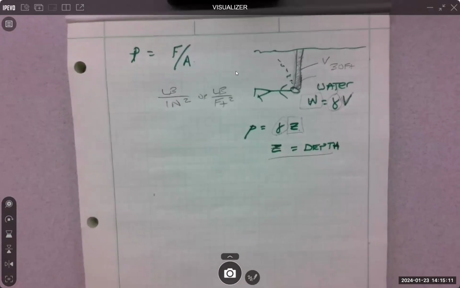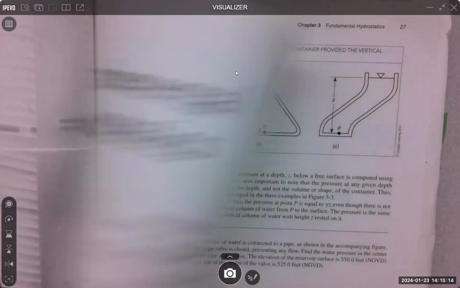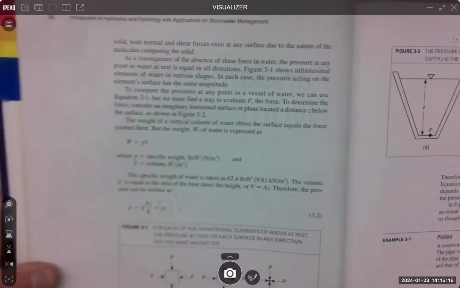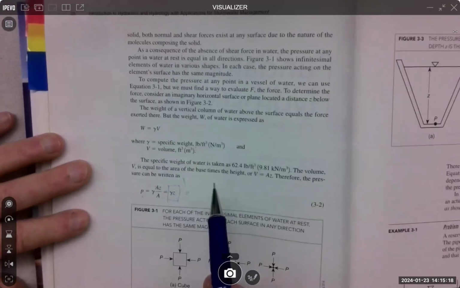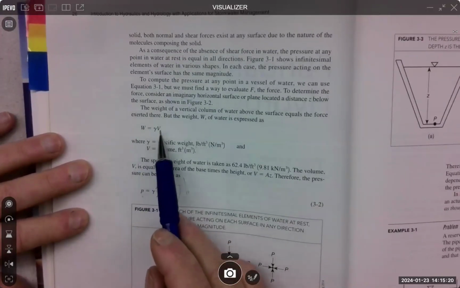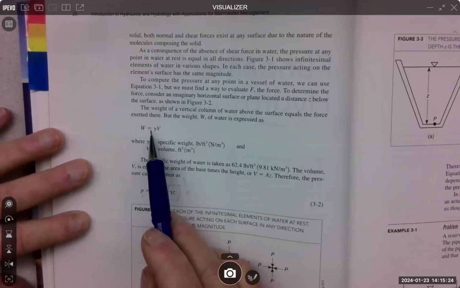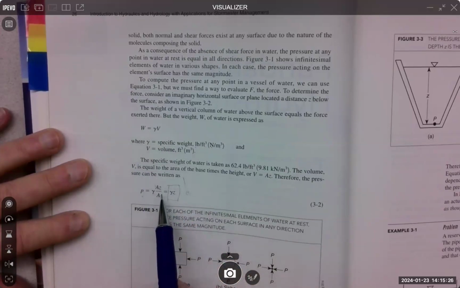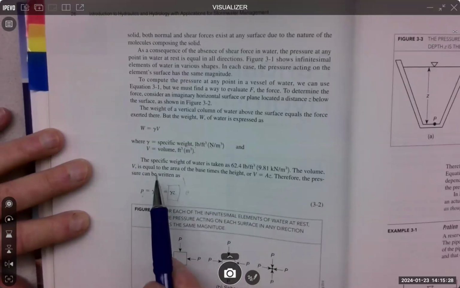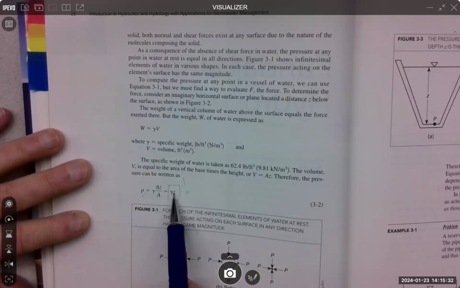So in the book, on the second page of the chapter, it talks about this weight times this volume, and that's the weight of the water over the top of you, right? And then it simplifies it out to this, because it says, oh, we can use area and force, right, for that.